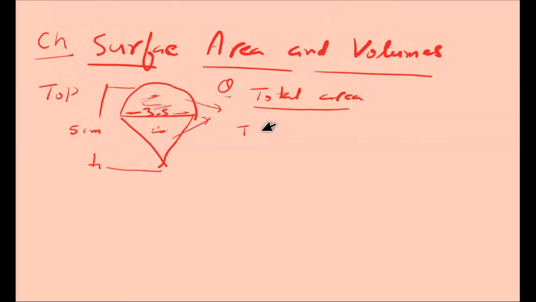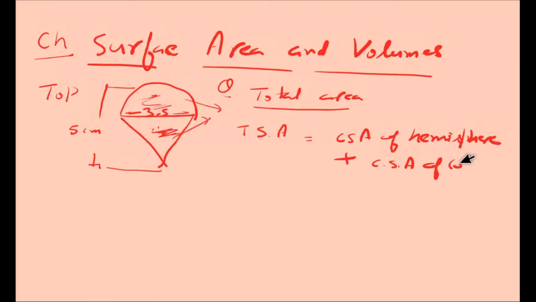So total surface area equals curved surface area of the hemisphere plus curved surface area of this cone.